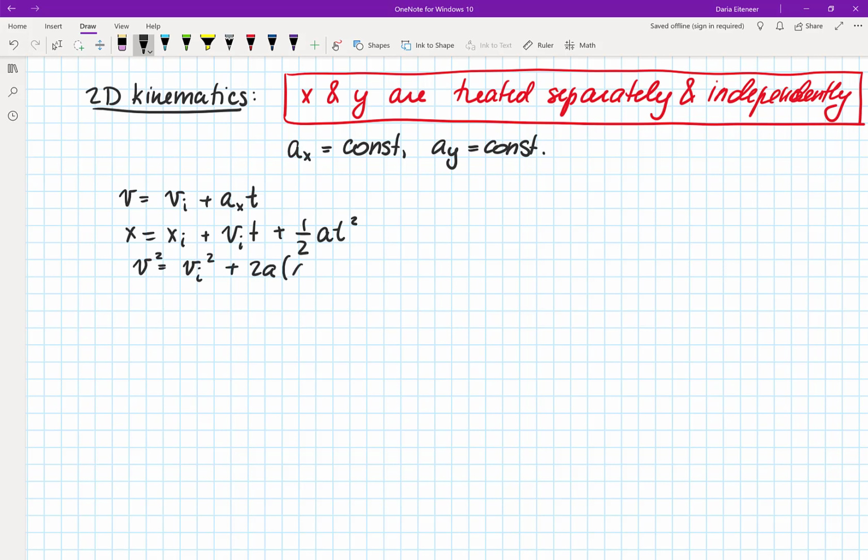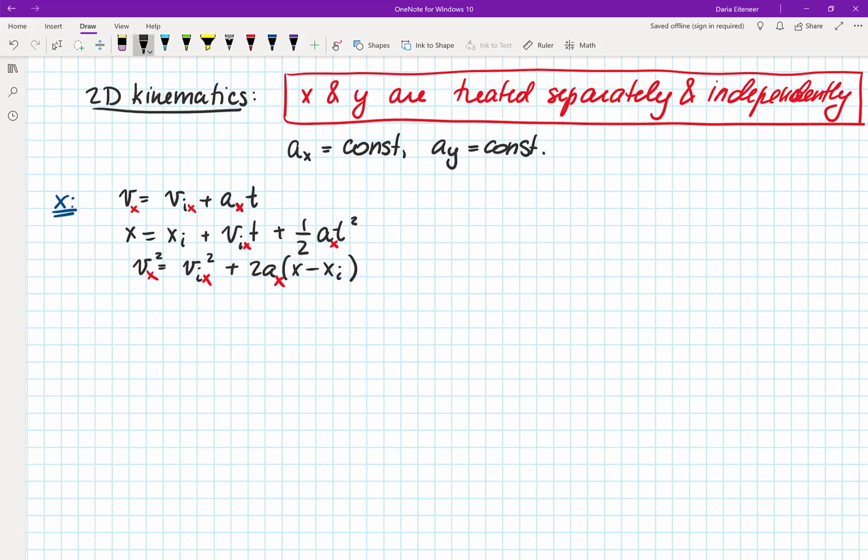These are my x equations. Let me label these: x direction. The only difference here is that each velocity and each acceleration is specifically in the x direction. Each of these pieces only contributes to x. And of course, position x is x.